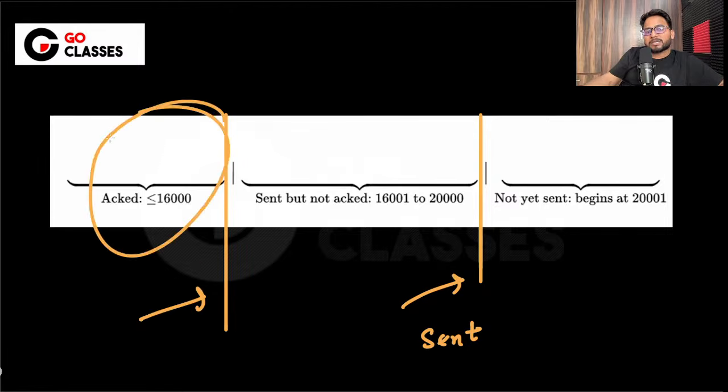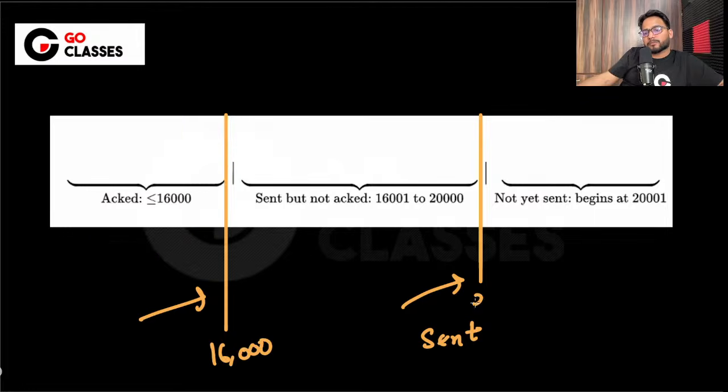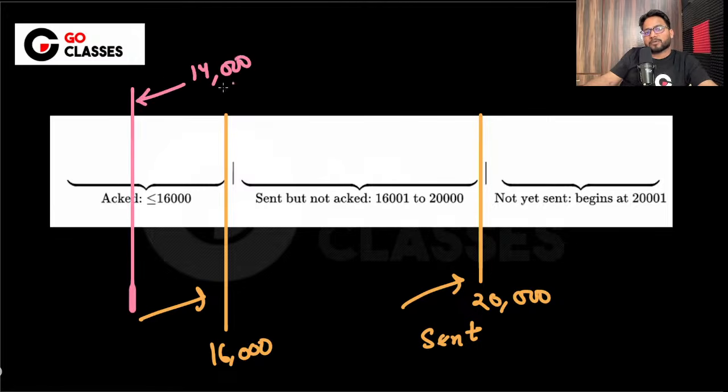So till 16,000 you have acknowledged, and until 20,000 you have sent. But suppose someone asks whether you have sent byte number 14,000. What is your answer?